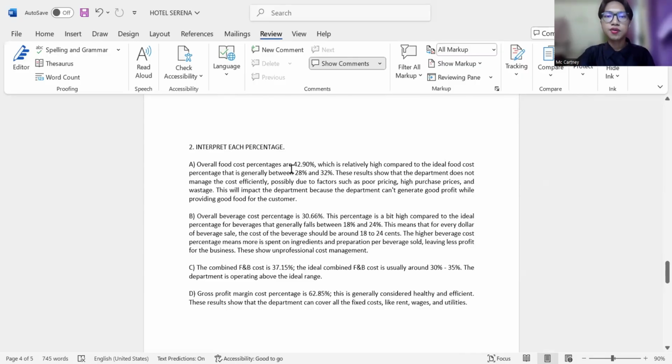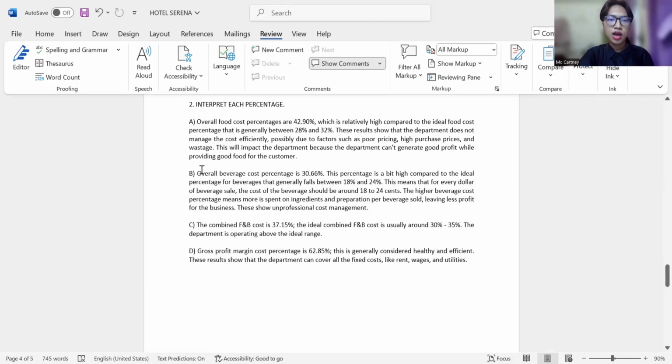The ideal food cost percentage is generally between 28% and 32%, so ours is actually high, over the ideal range.